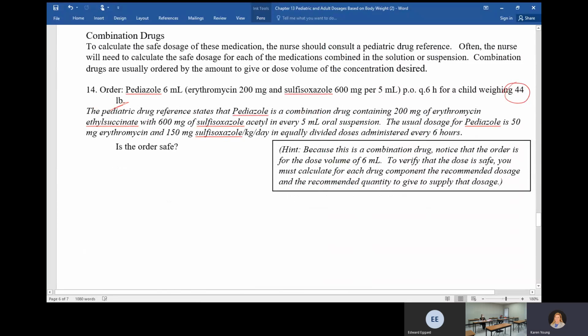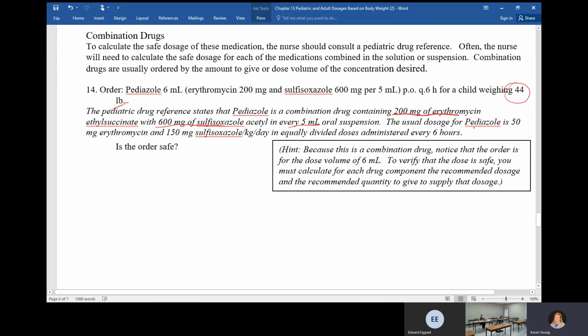And then from the drug reference, it's a combination drug containing 200 milligrams of erythromycin with 600 milligrams of the other drug in every 5 milliliter oral suspension. So we're going to work with the 200 milligrams of erythromycin and 600 milligrams of the other drug. And it's every 5 milliliters.